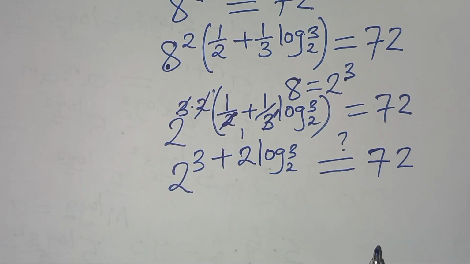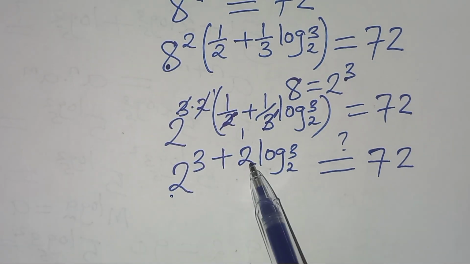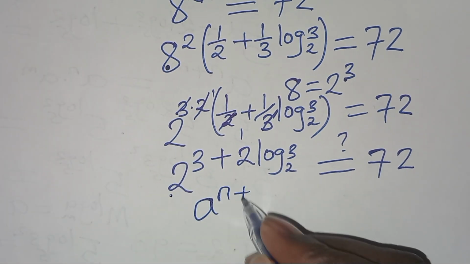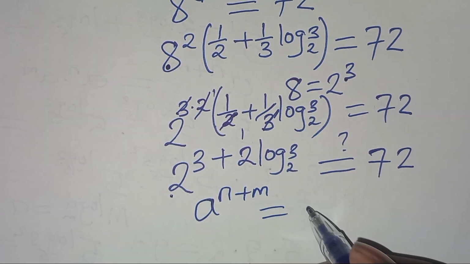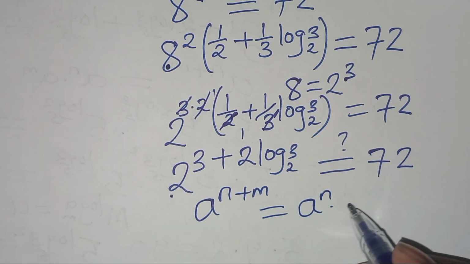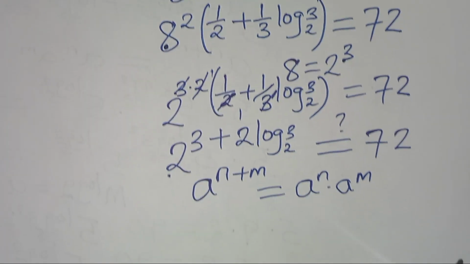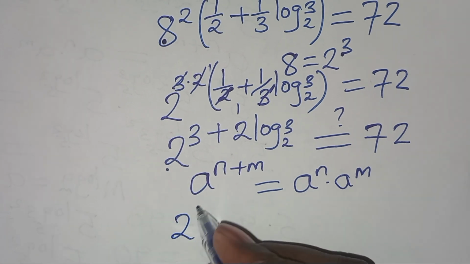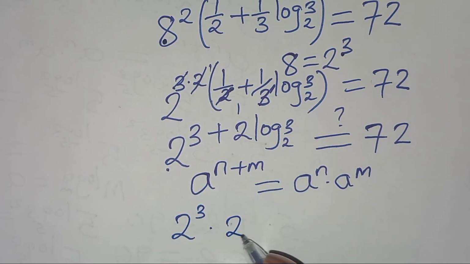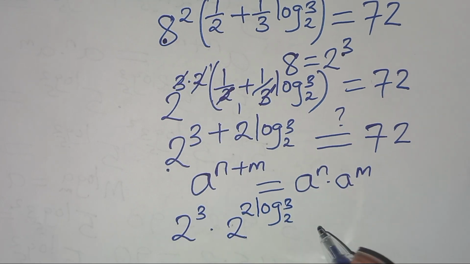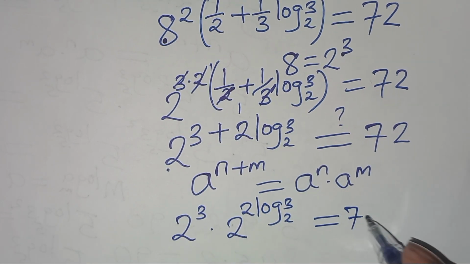The next step here, 2 to the power 3 plus 2 log 3 to base 2. This is in the form of a to the power n plus m, and this can be expressed as a to the power n times a to the power m. Applying this exponent property, here we'll have 2 to the power 3 multiplied by 2 to the power 2 log 3 to base 2, and this should give us a value of 72.